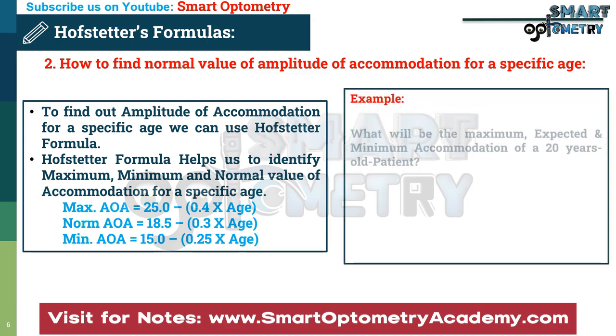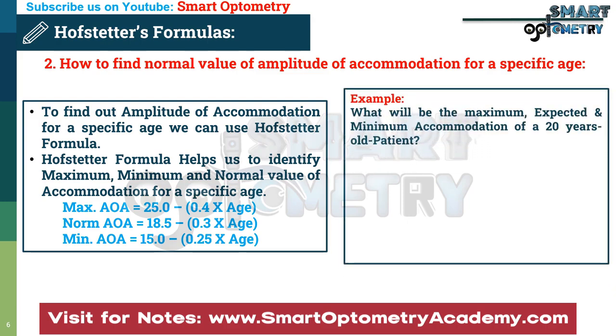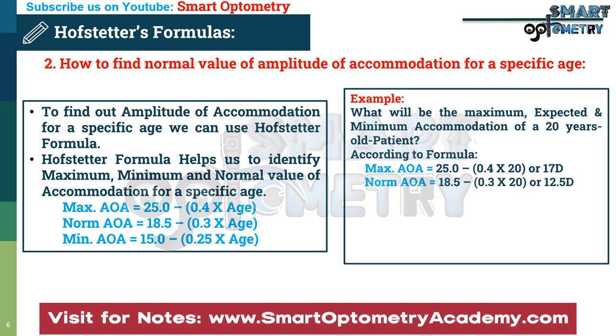For example, what will be the maximum, expected and minimum amplitude of accommodation of a 20 years old patient? According to Hofstadter's formula, maximum amplitude of accommodation will be 25 minus 0.4 multiplied by 20 or 17 diopter, and expected normal amplitude of accommodation will be 18.5 minus 0.3 multiplied by 20 or 12.5 diopter, and minimum amplitude of accommodation will be 15 minus 0.25 multiplied by 20 or 10 diopter.